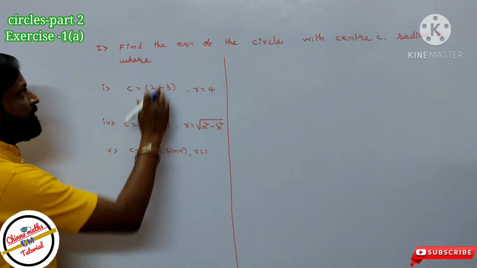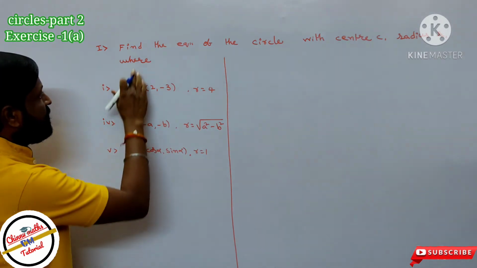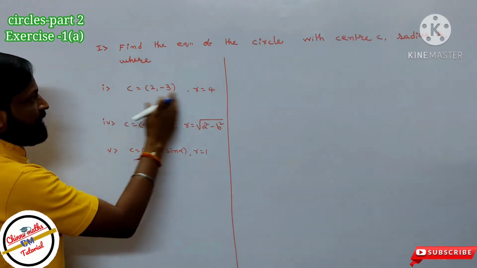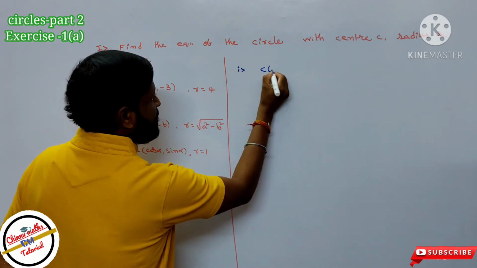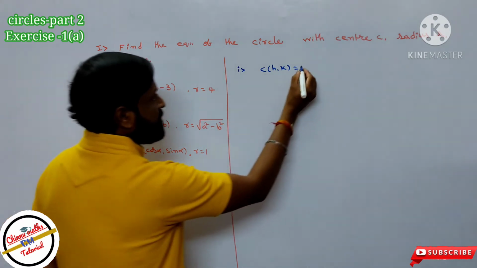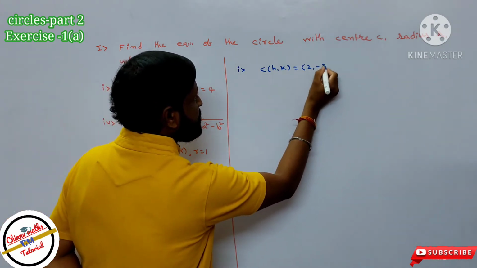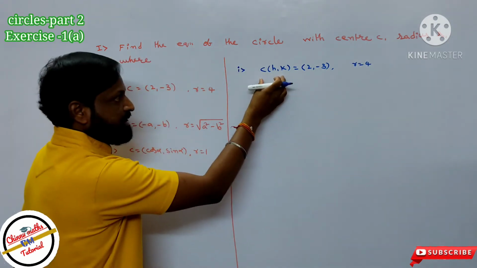The first problem is to find the equation of the circle with the center C and radius r, given that the center C is always denoted by (h, k). So that means C (h, k) is given as (2, minus 3) and the radius r equal to 4 units. We know the center and radius.